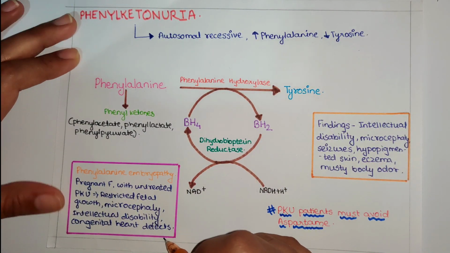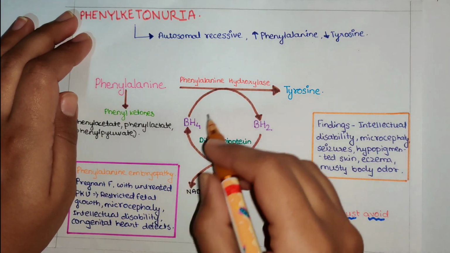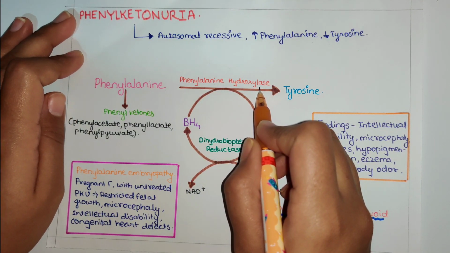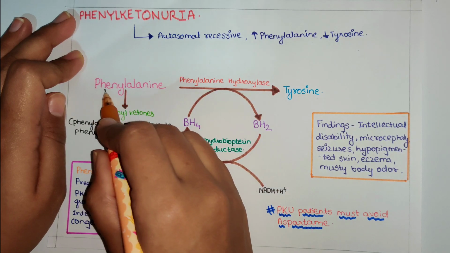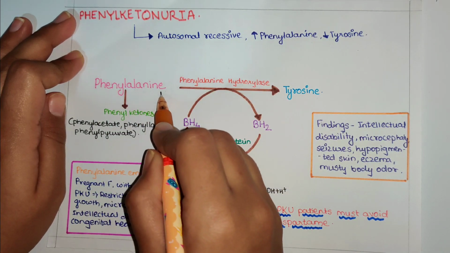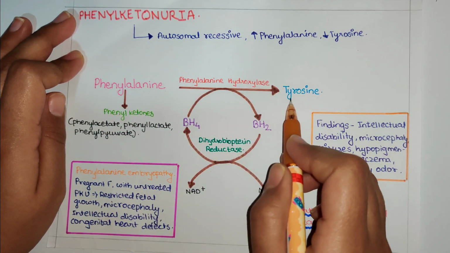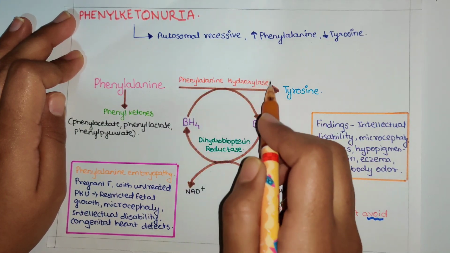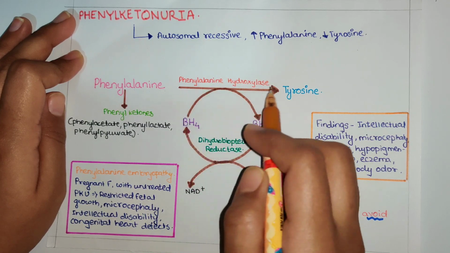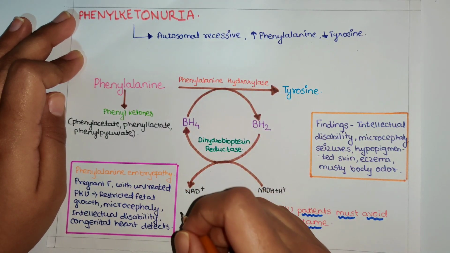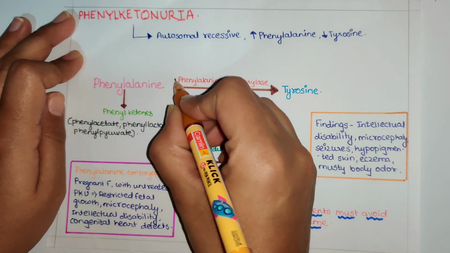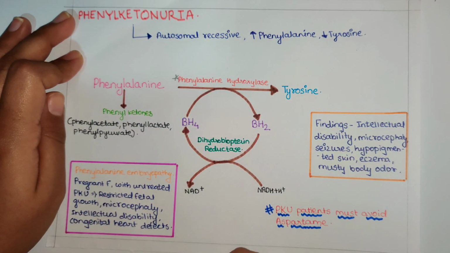Now, if there is deficiency of enzyme phenylalanine hydroxylase, what will happen? There will be increase in phenylalanine and we won't have any tyrosine because we don't have this enzyme. There is deficiency of this enzyme. So that's what happens in phenylketonuria. There is deficiency of this enzyme, which is phenylalanine hydroxylase.